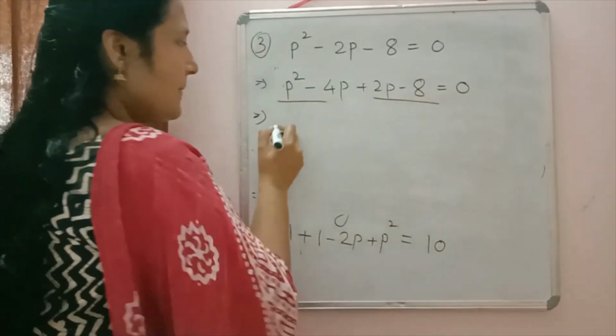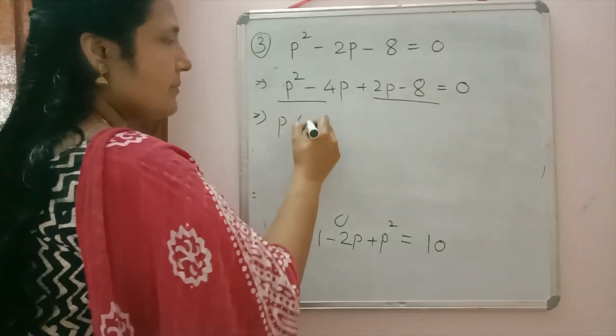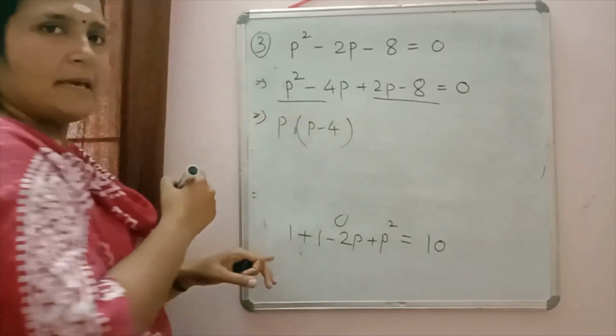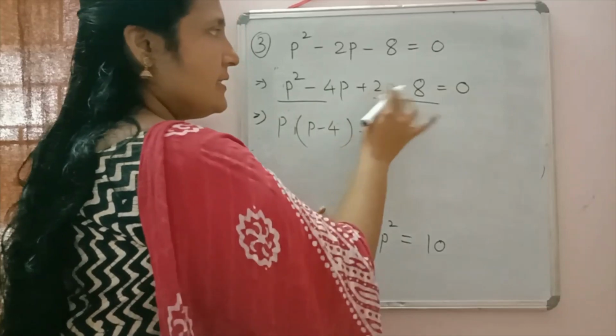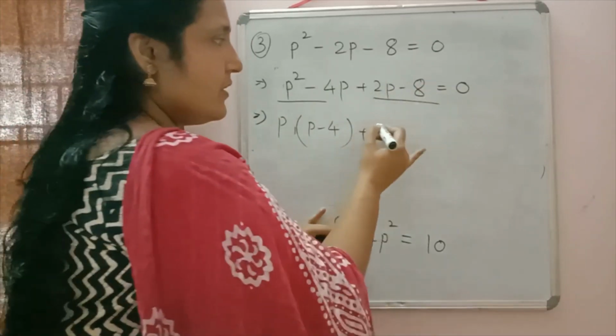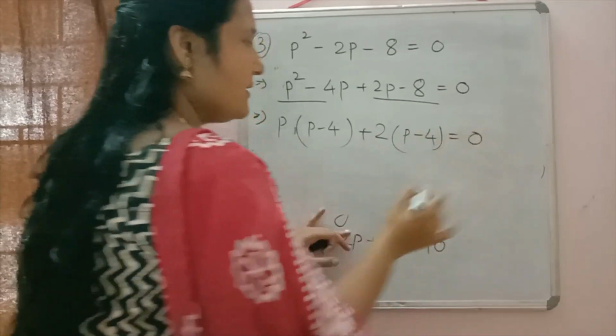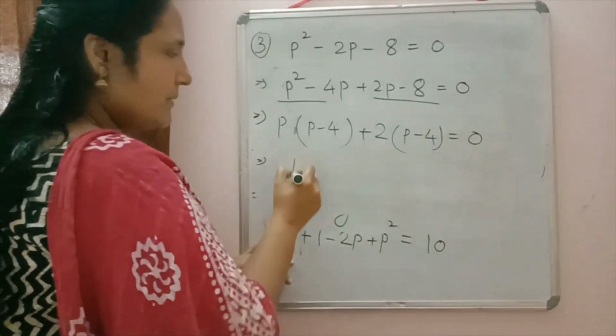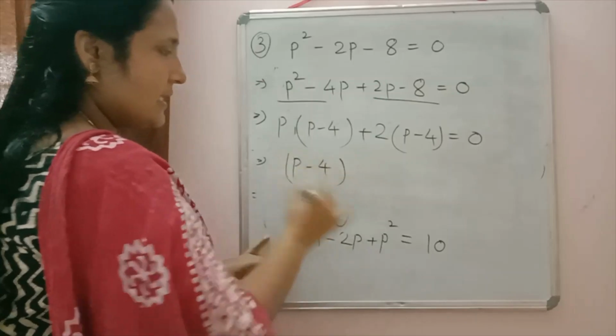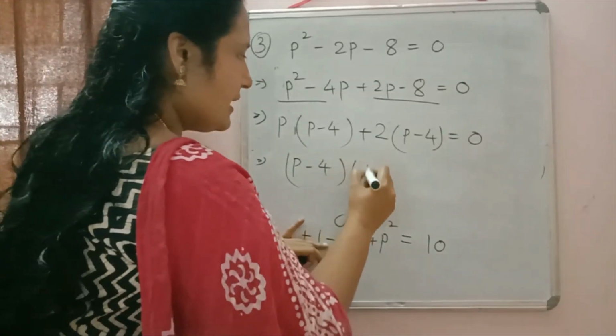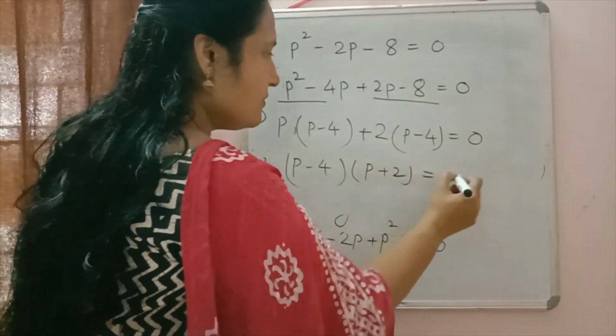Common factor p taken outside, inside the bracket it will be p minus 4, plus, in these two terms the common factor is 2. Inside the bracket again the remaining will be p minus 4. So p minus 4 is a common factor. We can take it outside and here we are getting p plus 2 equal to 0.